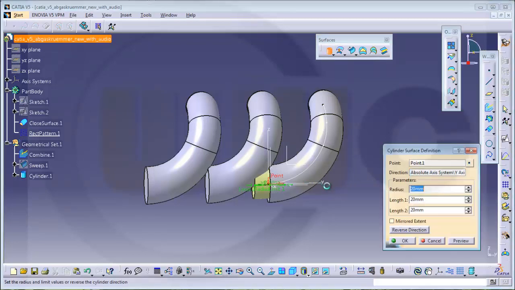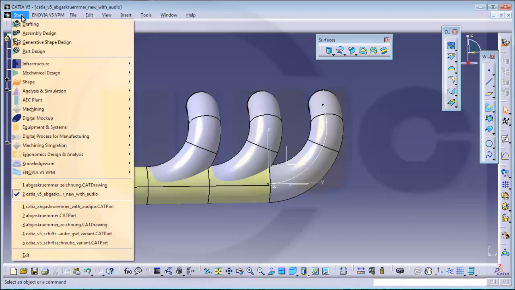Direction should be this one, and the radius should be 25, and one length should be 0, and the other one should be 82 times 2 plus 105.